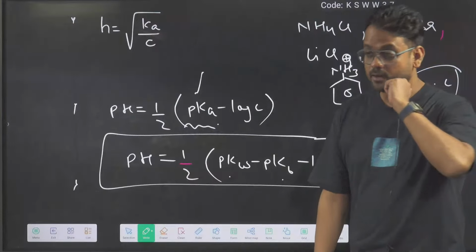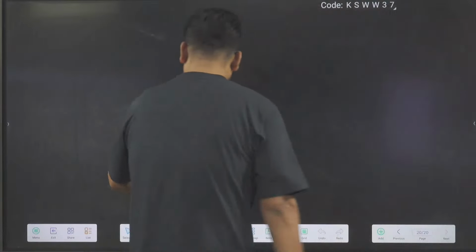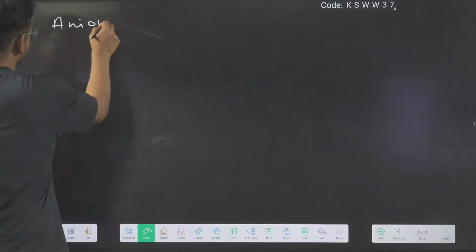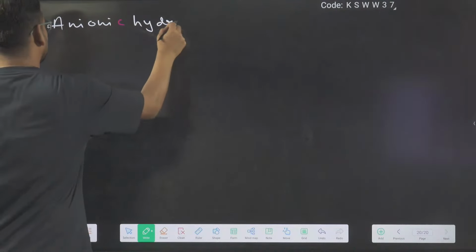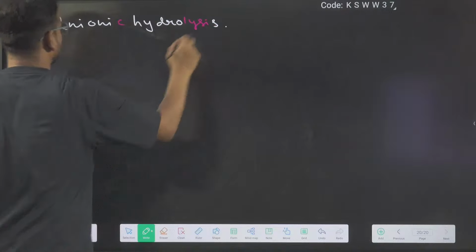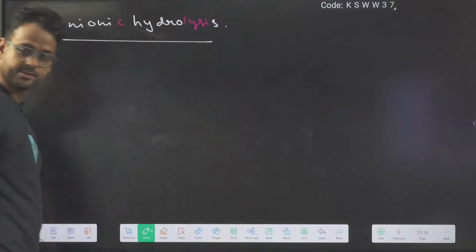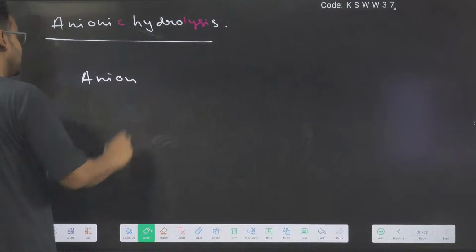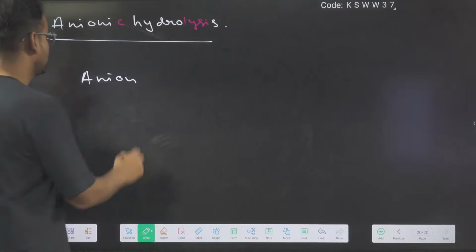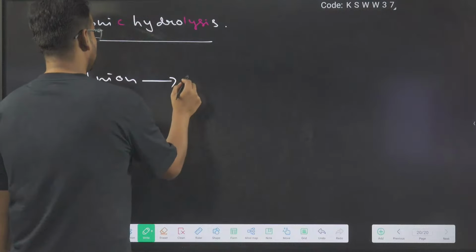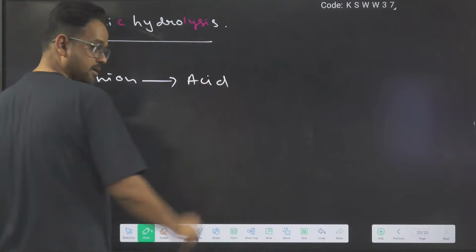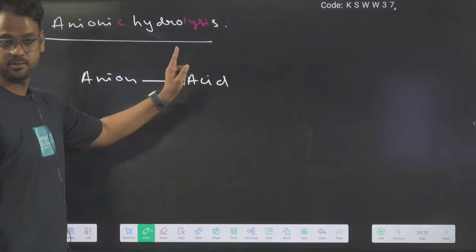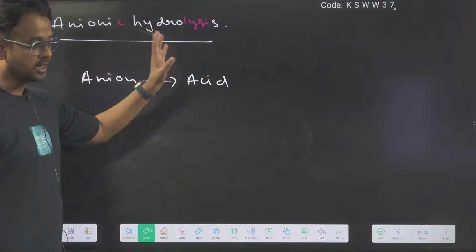All right. Now, next we will quickly discuss anionic hydrolysis. The anion in the salt comes from the acid, like Cl minus in NaCl comes from HCl. Similarly, it comes from HBr.